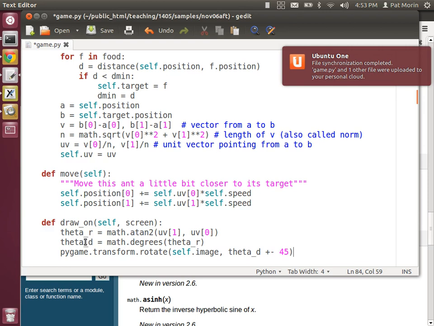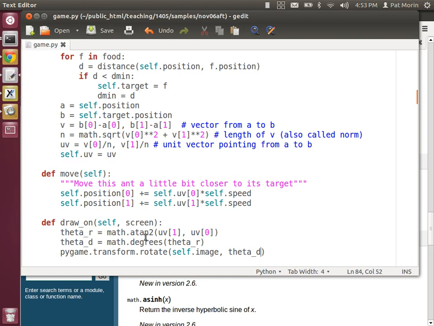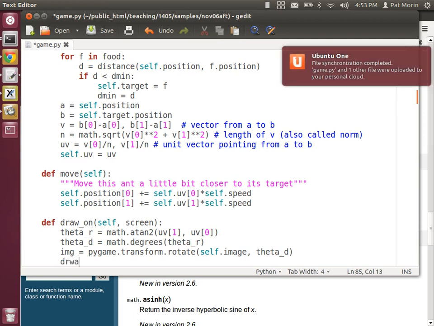Okay. So now we just plug this thing in there, right? I don't know. We don't know whether it's plus or minus 45 degrees yet. So is this going to work? Yeah, okay.